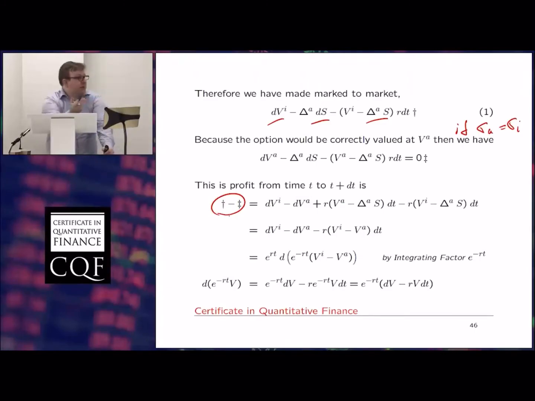Because I'm subtracting 0, it shouldn't change anything, but it will give me an interesting result. Again, dVi minus dVa and so on. I get this one and fold it, because there will be some cancellation.